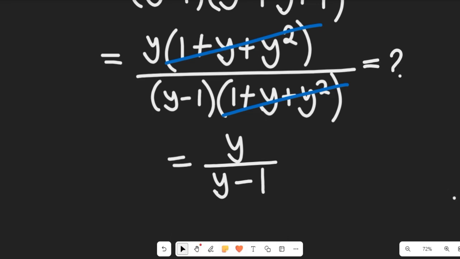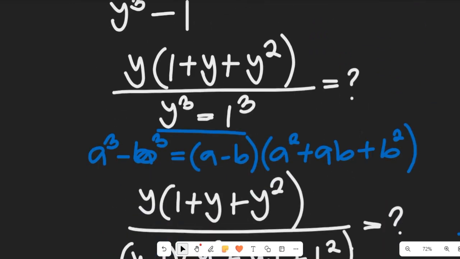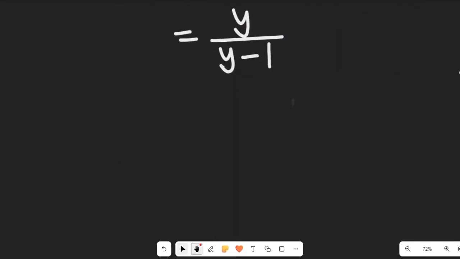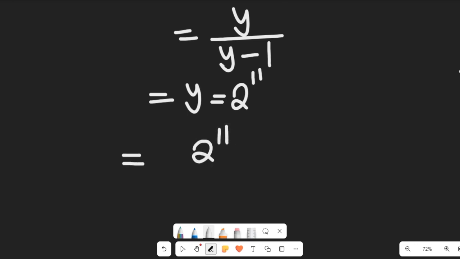Now, from that expression, remember, this is not going to be the final solution. Recall that we took the value of y to be equal to 2 to the power of 11. So if we insert the value of 2 to the power of 11, we'll have that expression give us 2 to the power of 11 divided by 2 to the power of 11 minus 1.